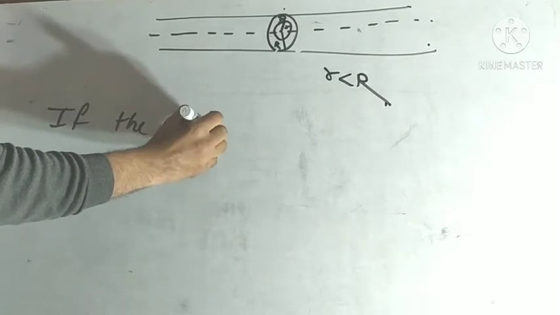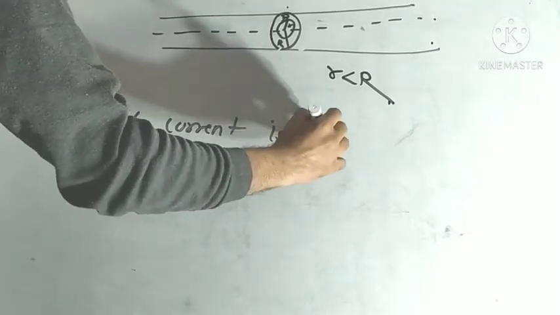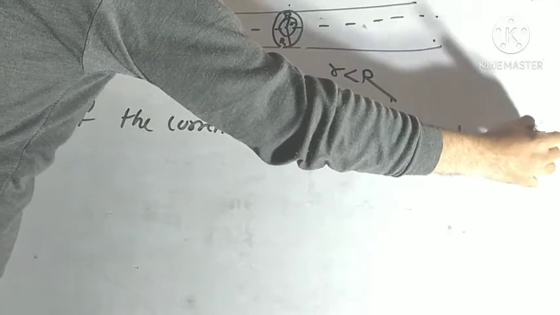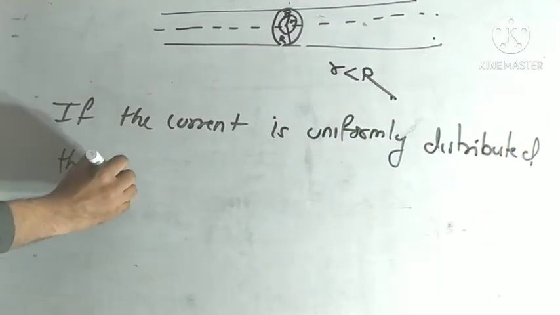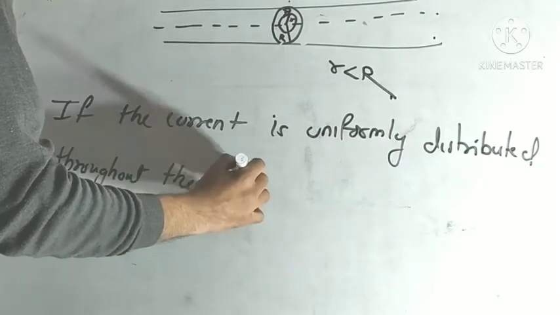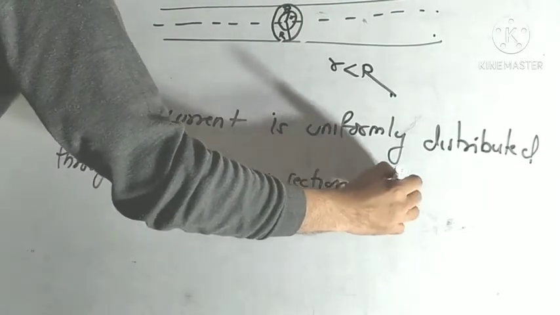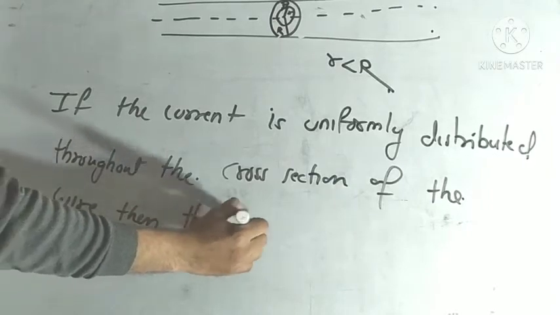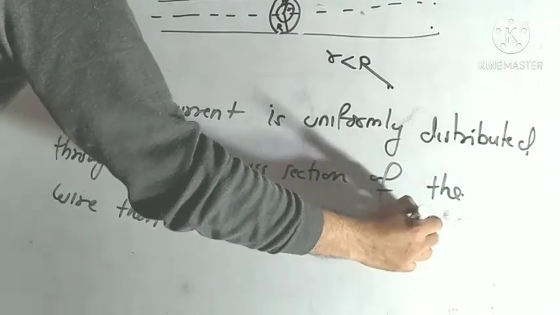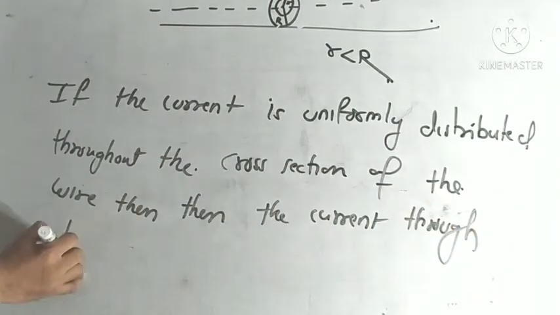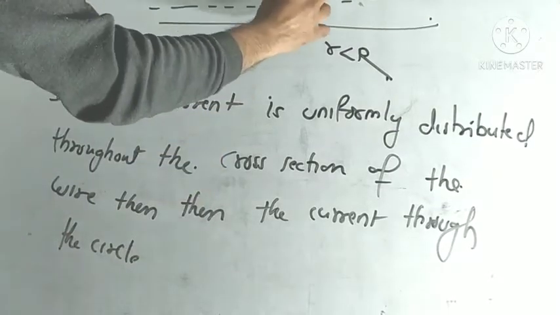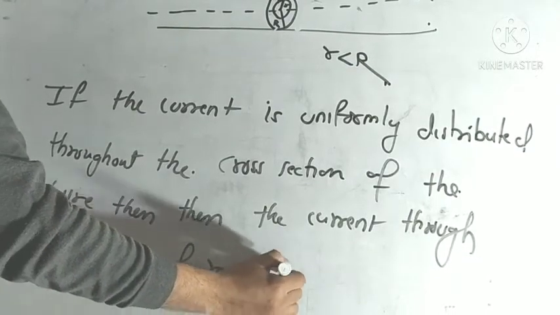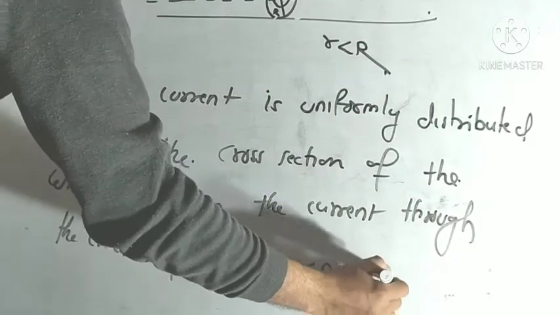If the current is uniformly distributed throughout the wire, throughout the cross section of the wire, then the current through this circle, through the circle of radius small r, is I dash.